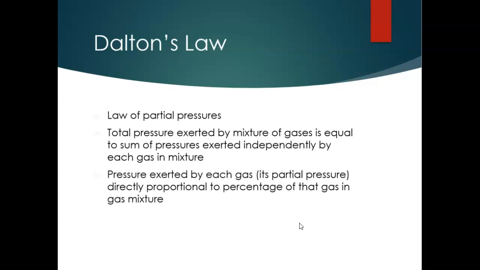So if atmospheric gas is made up of oxygen, nitrogen, and carbon dioxide, the three main ones, each of those partial pressures of gas is going to total the entire atmospheric pressure. Atmospheric pressure at sea level is 760. The partial pressures of all those gases have to add up to be 760.